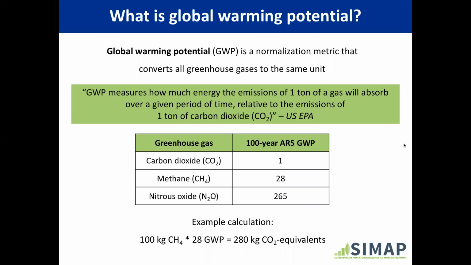There are different versions of these GWPs, which we will see briefly, but the standard version, which is our recommended version as well, and what's used in most greenhouse gas inventories, is the 100-year fifth assessment report GWP, which has the values that you can see here. There's an example calculation at the bottom where you show how you multiply methane, for example, by its global warming potential, so you can compare it directly against CO2 emissions.